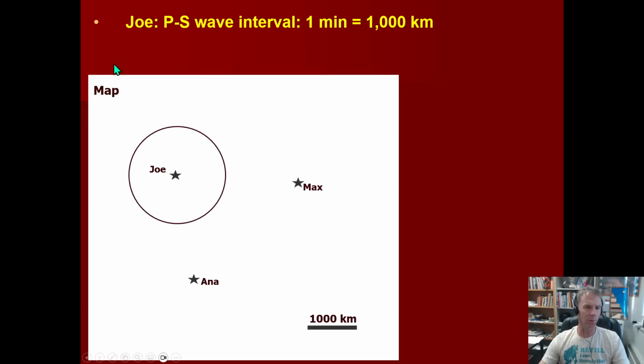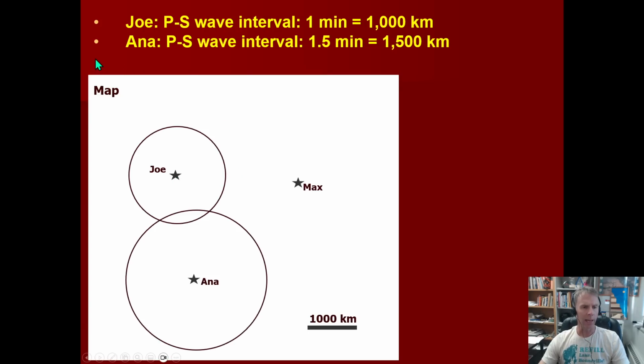Luckily, Joe has friends, and so he calls up his friend Anna, and Anna recorded the same earthquake. However, the time difference between the P and the S waves at her location was 1.5 minutes. And so that corresponds to a different distance, and let's just pretend that's 1,500 or so kilometers. So at Anna's location, we do the same thing. We draw a circle with a radius representing the distance, 1,500 kilometers.